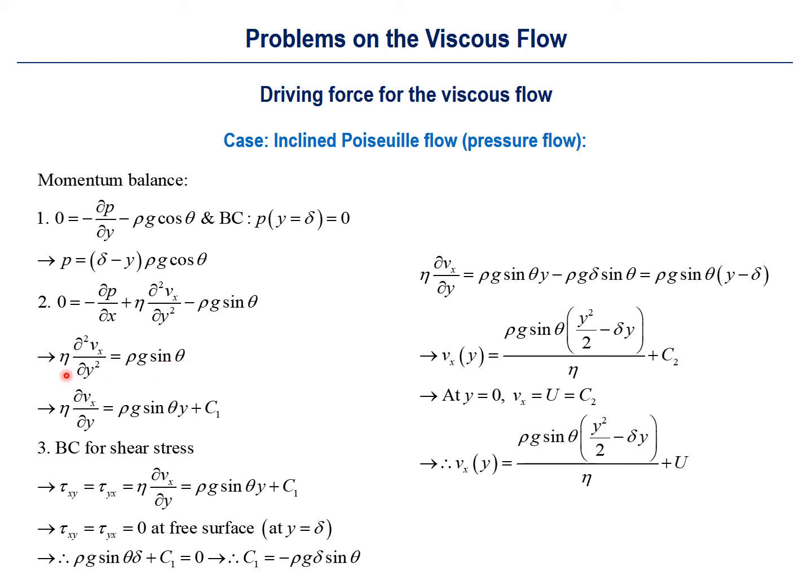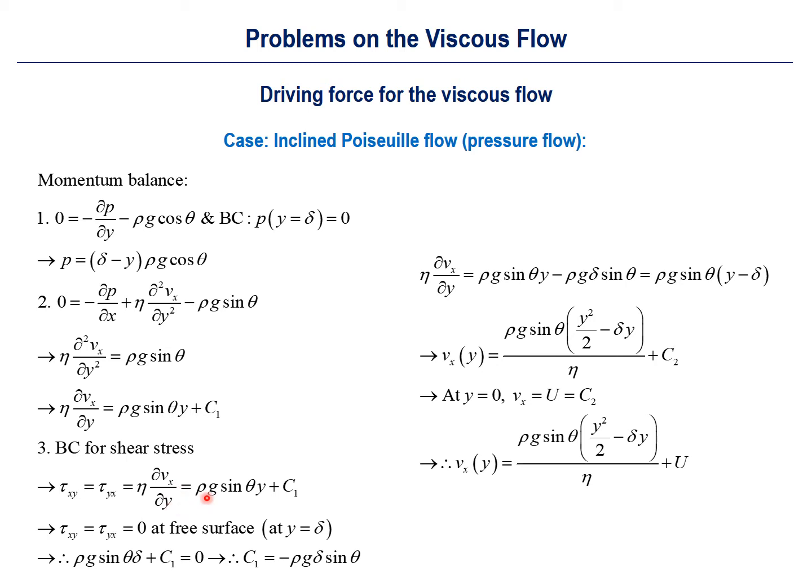Divided by viscosity. For the boundary conditions, we can think about the no shear stress condition for the top surface because the surface is exposed to the air, right? So it means that there will be nearly no frictional forces given by the air, and we can say that tau xy or tau yx is equal to eta times del Vx over del y here.